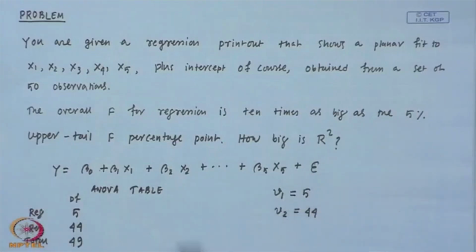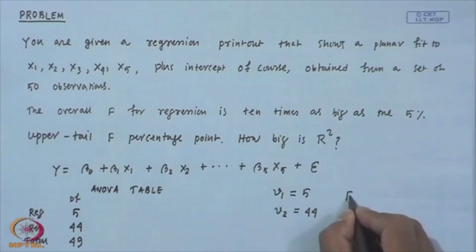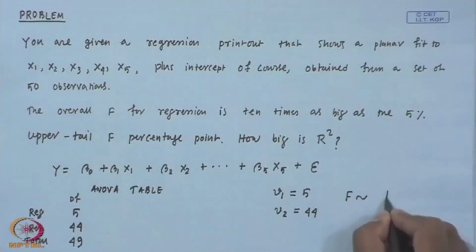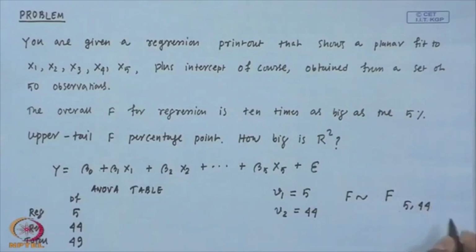So, for this test, f has degrees of freedom 5 and 44, and you have to find the tabulated value for this one at 0.05, and you can check that this value is equal to 2.43.